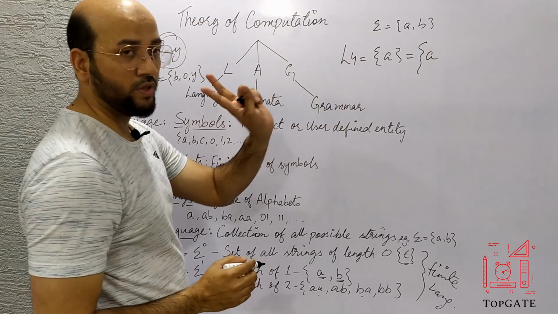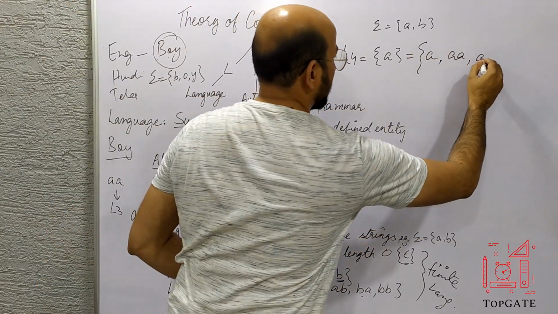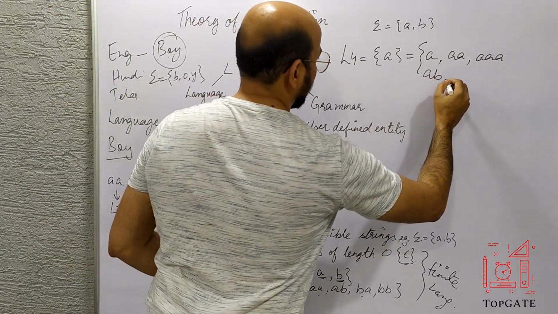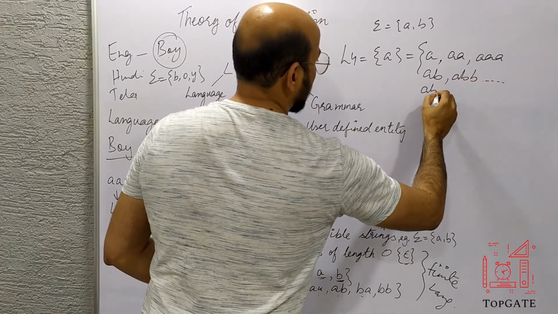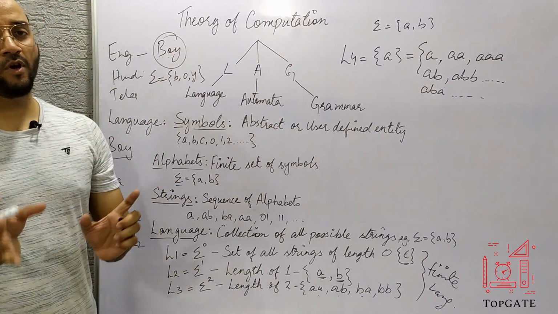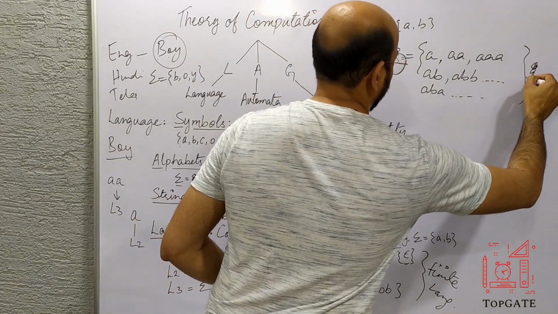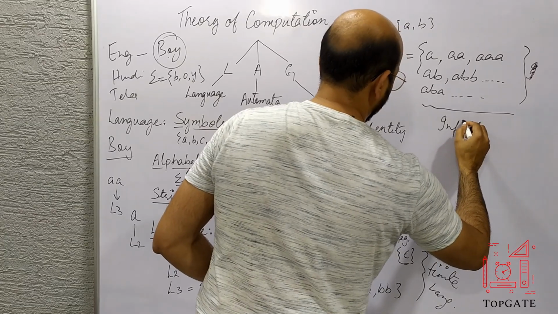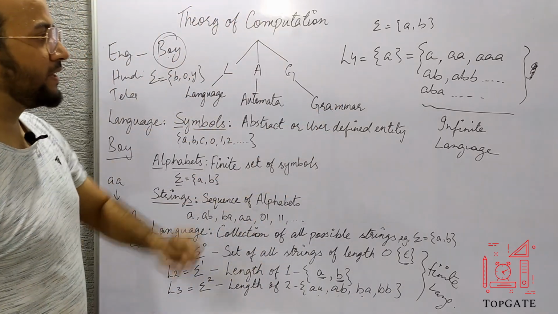I have A, AA, AAA, AB, ABB, ABA, and so on. Practically I have an infinite number of words possible. So this kind of language is called an infinite language.